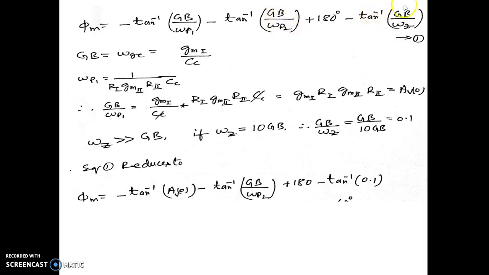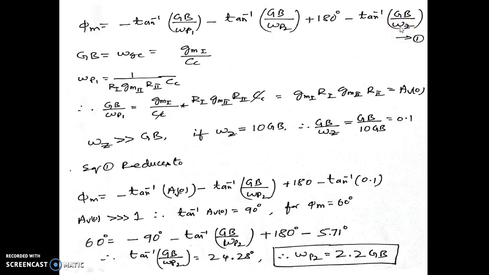The phase margin is given by minus tan inverse of AV at 0, minus tan inverse of GB by omega P2, plus 180 minus tan inverse of 0.1, because this ratio is now 0.1. We know that AV is far greater than 1, so tan inverse of a very large value happens to be 90 degrees.